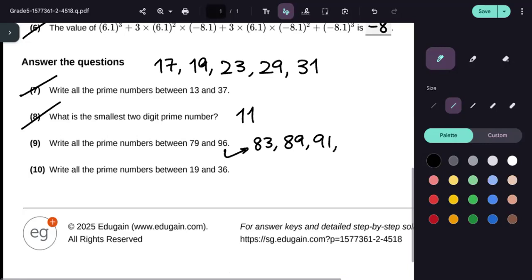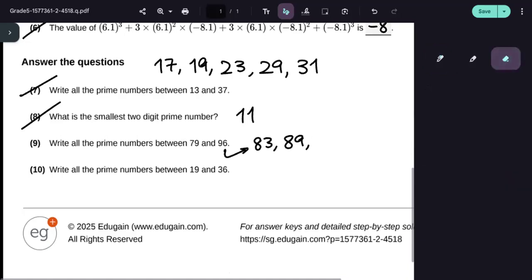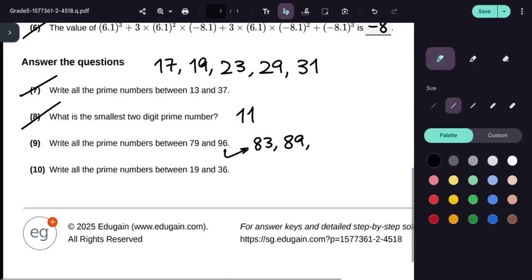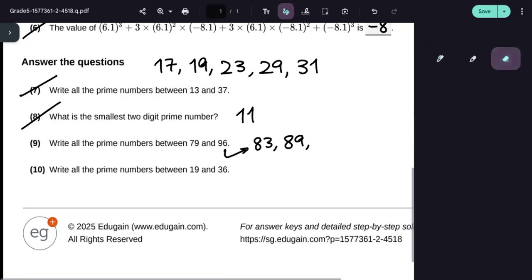I think 91 doesn't have. Okay, 91 has, sorry. 92 has. 93 confirm has. 94 has. 95, 96, 97. So this will be the only two.